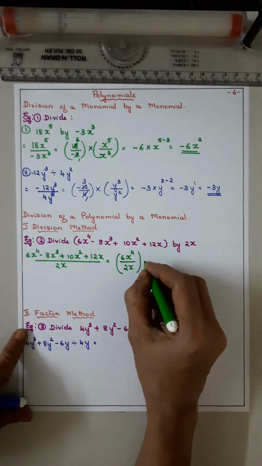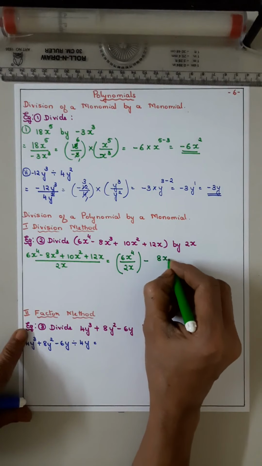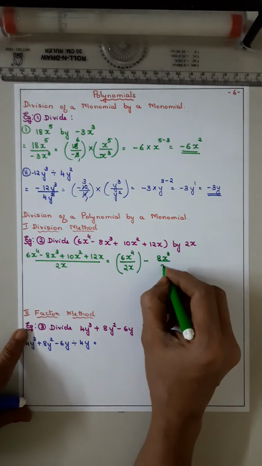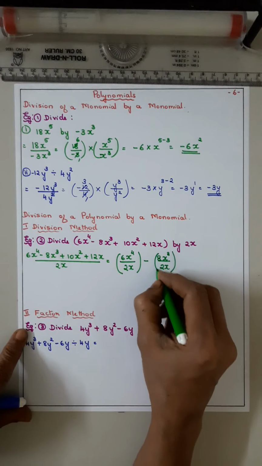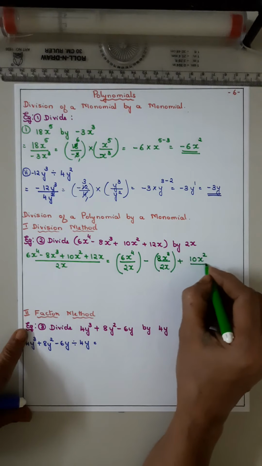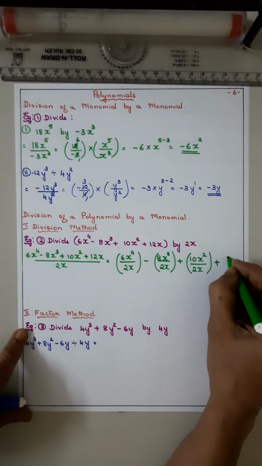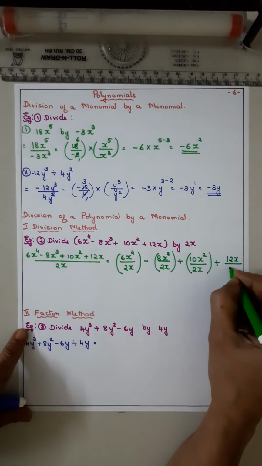Each term you have to divide individually: minus 8x cube upon 2x, plus 10x squared upon 2x, plus 12x upon 2x.